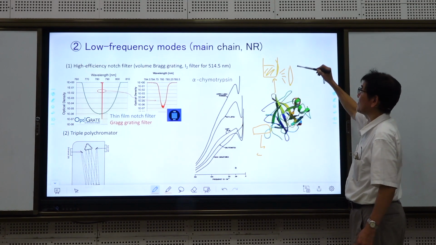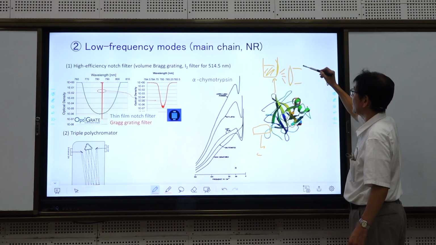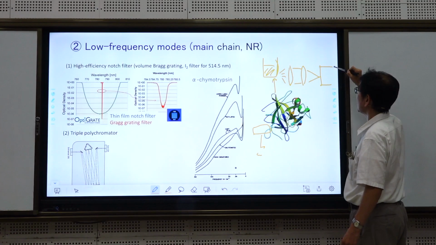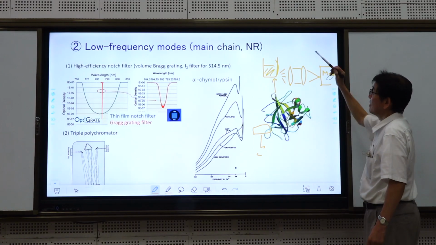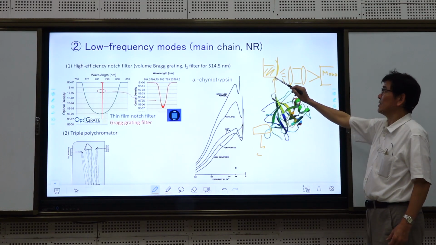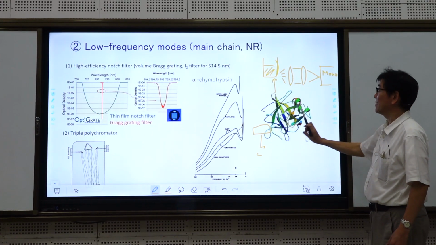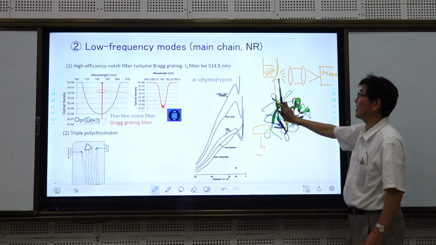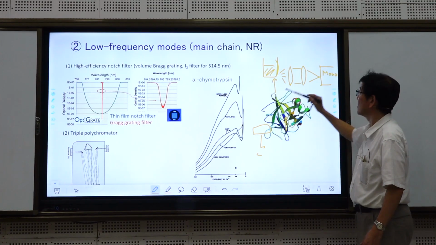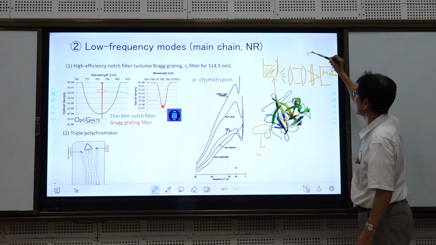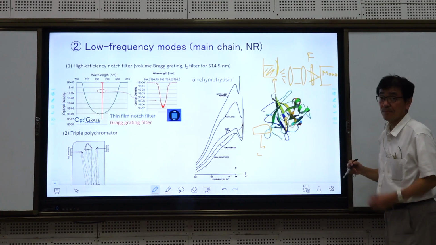Then we collect the scattered light by a lens, collimate and focus it, and introduce it to the monochromator. And if we do the experiment like this, then the excitation laser beam or Rayleigh line is the strongest. So we put some filter to cut the Rayleigh line.